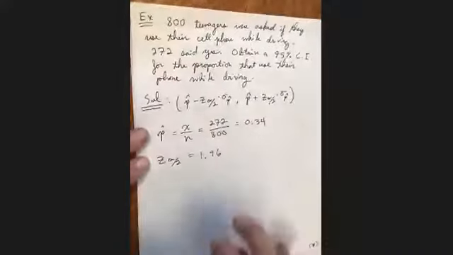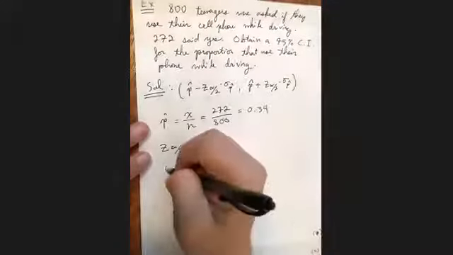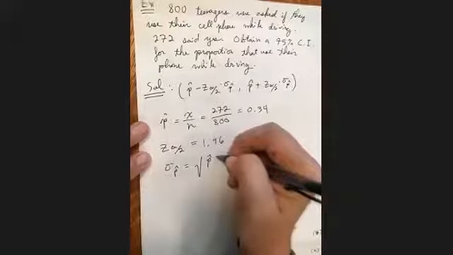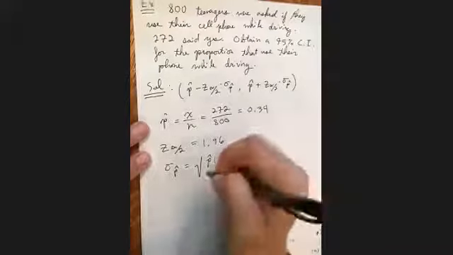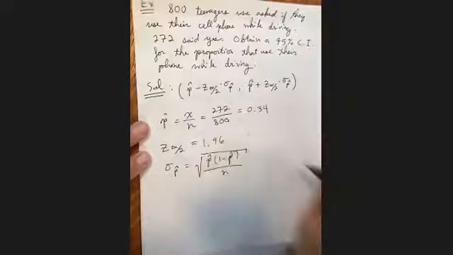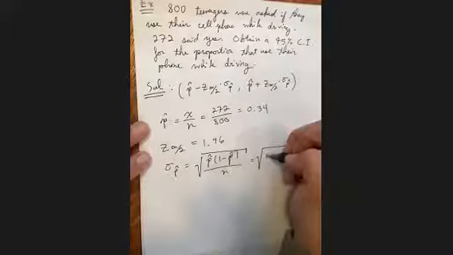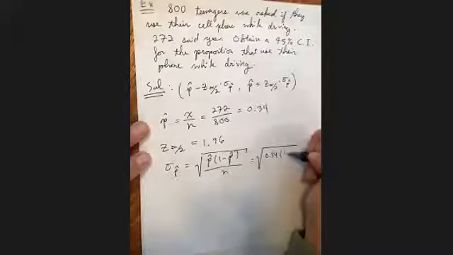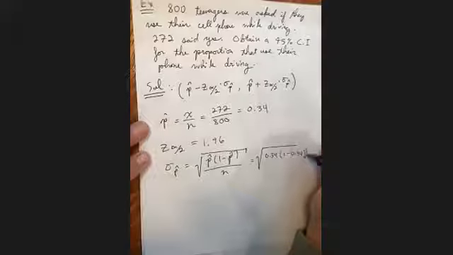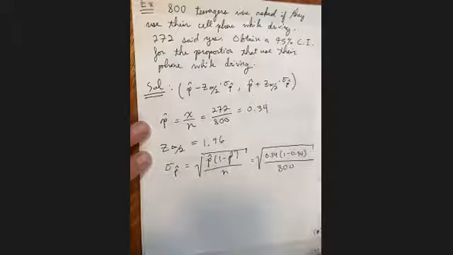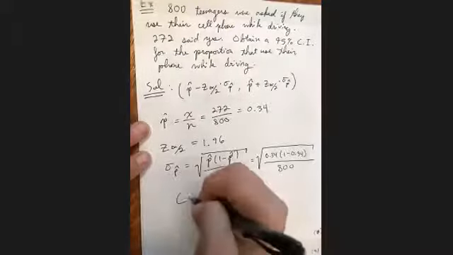Okay, and then finally, we need the standard deviation, which is the square root of P hat times 1 minus P hat, all over lowercase n. So once we have P hat, we can do this. That's 0.34 times 1 minus 0.34, divided by 800. So we're going to put that into the calculator.